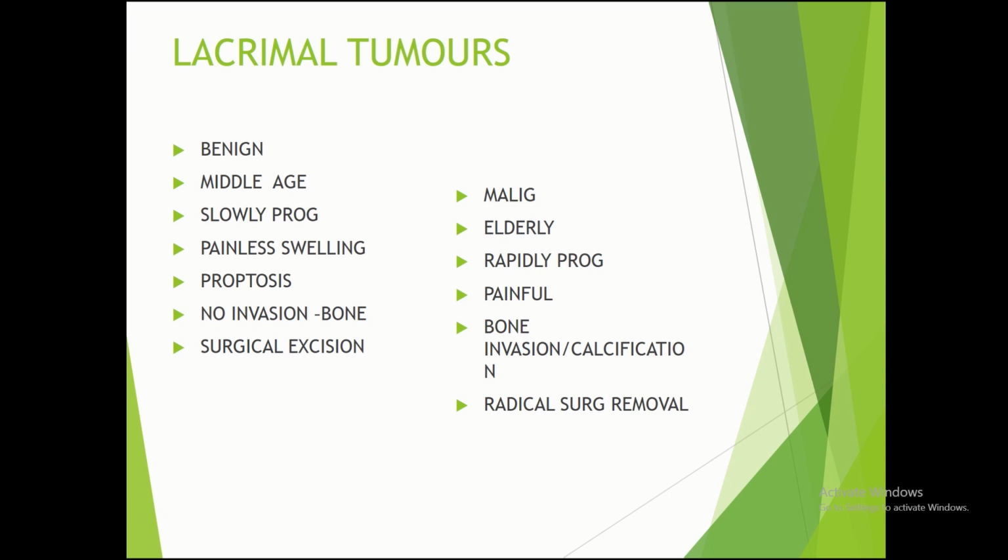You can note bone invasion or calcification. You can do a biopsy, confirm that it is malignant, then you have to go for a radical surgical removal of the lesion. It's called exenteration, where you will remove the entire eye contents along with the periorbita.